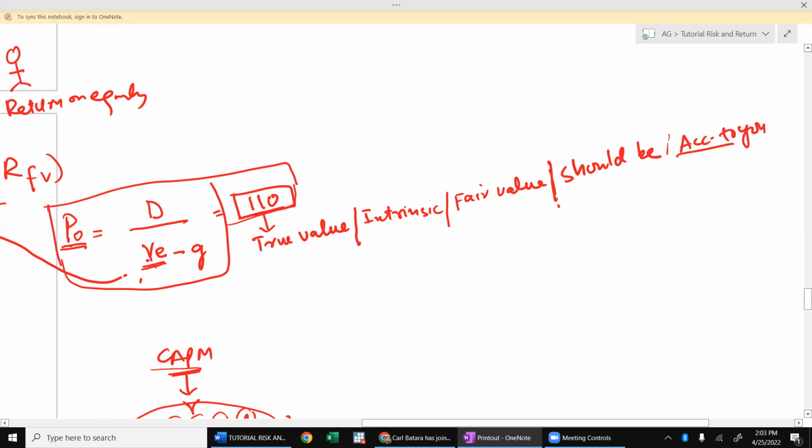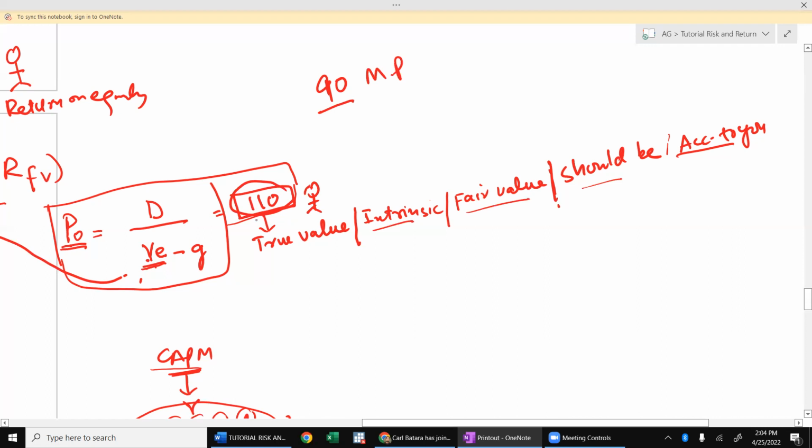So this is the price according to you, but maybe in the market the price is 90. According to you, the price should be 110, but in the market the price is 90. This is the market price, this is according to you. In other words, this is the true value, the intrinsic value, the fair value, the should-be value, or according to your calculation.